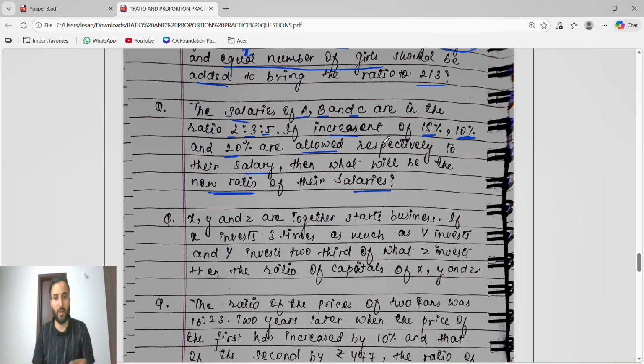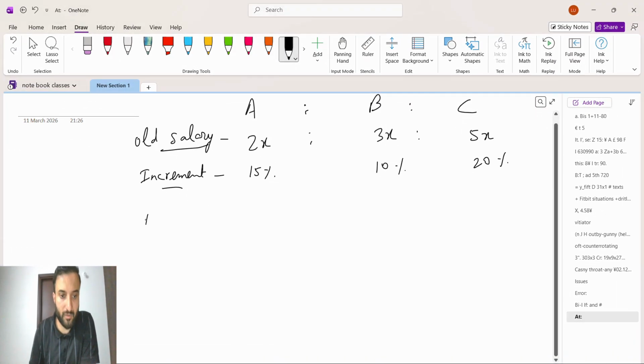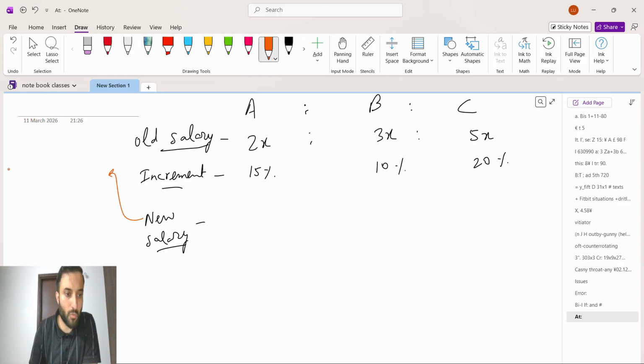Ratio again, guys. So for the ratio of their salaries, we have to find the new salary. See how we will find the new salary. We have a simple formula. To the old salary, we have to add the increment, and we will get the new salary.